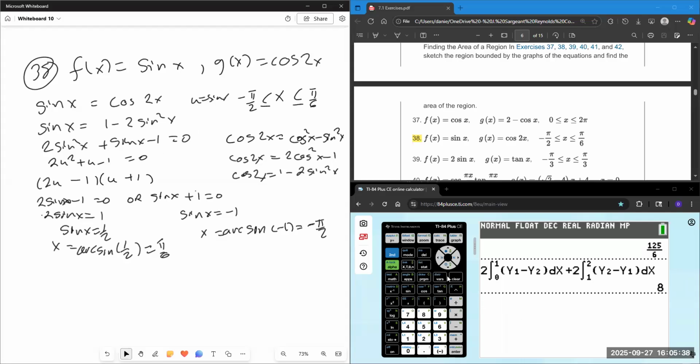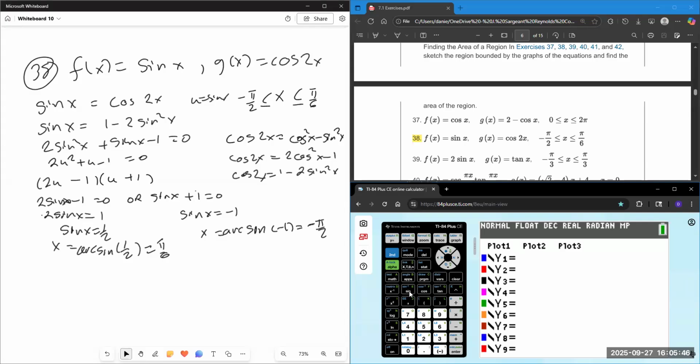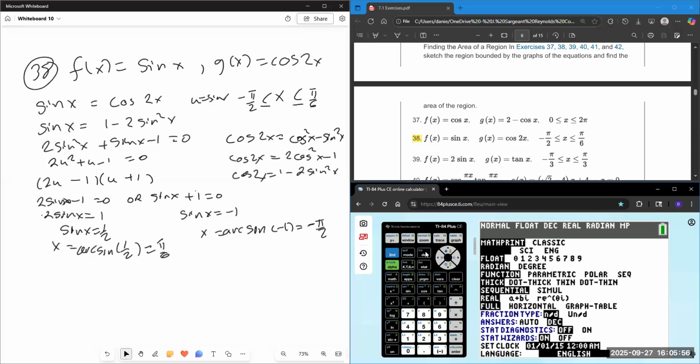Let's look at our graph to see now why that makes sense. So this is sine of x, and this is cosine of 2x. Make sure that you're in radian mode. I know I am.